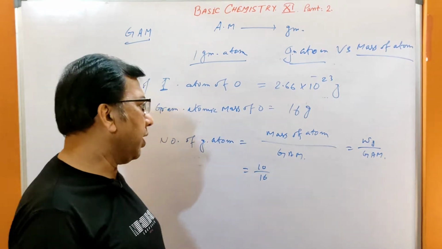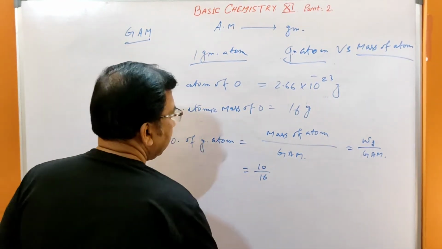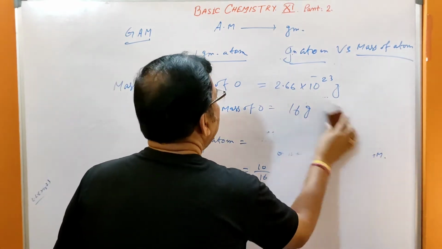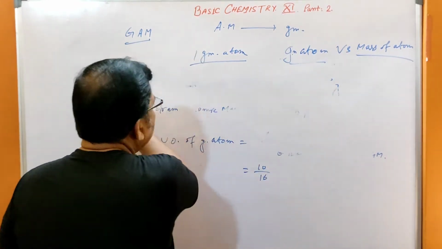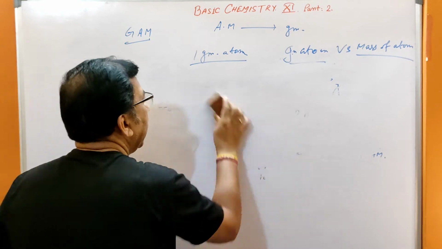Clear? Now come to gram molecular mass. Atomic mass को ग्राम में कन्वर्ट करो, gram atomic mass आ जाएगा.